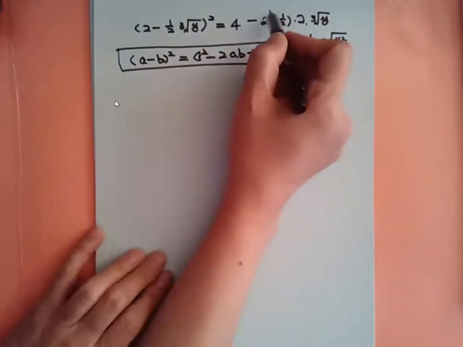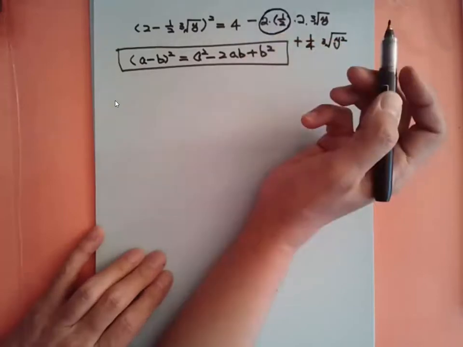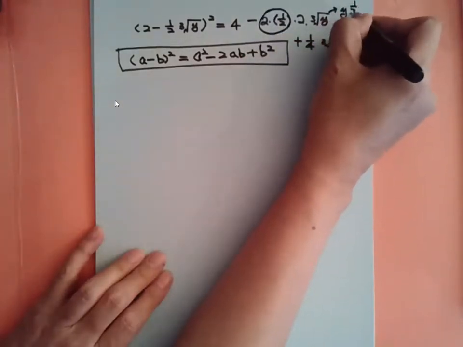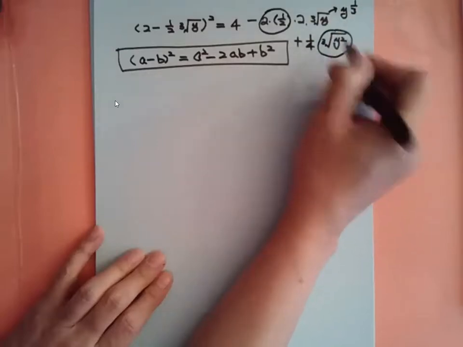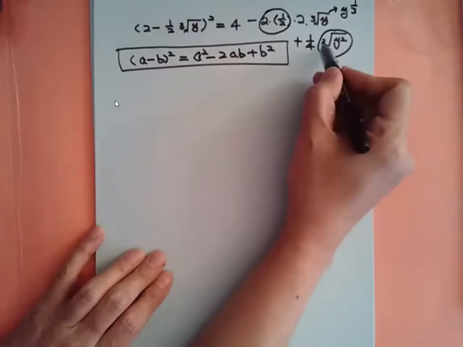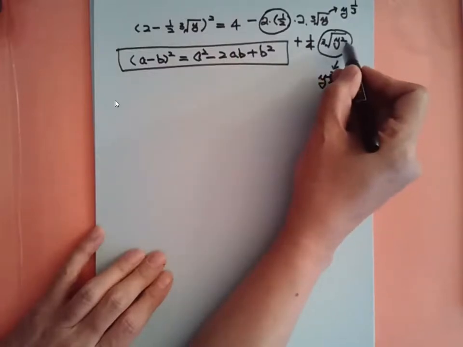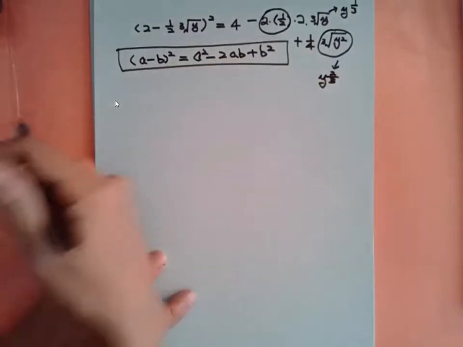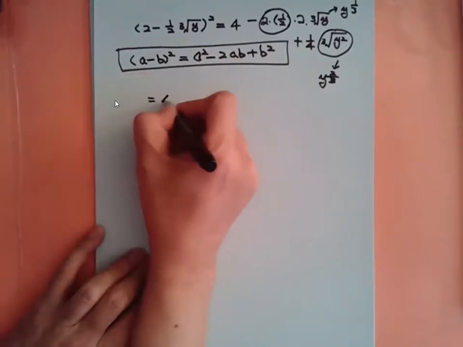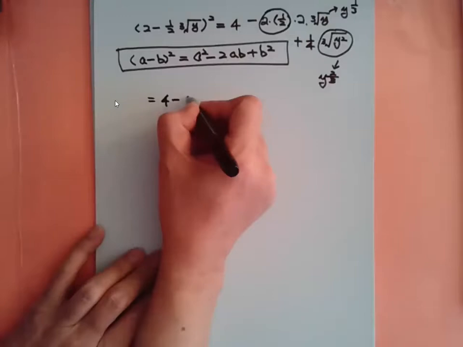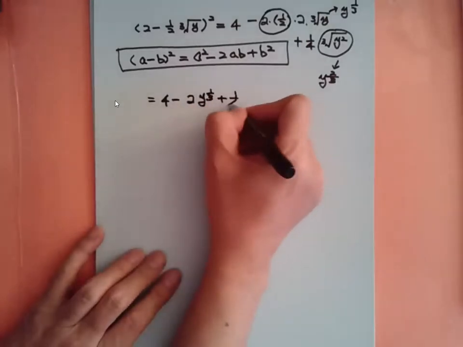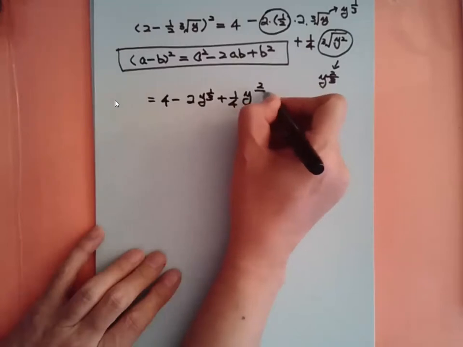When we simplify, this will cancel. This can be written as y to the 1/3 power, and this can be written as y to the 2/3 power. The 3 is in the denominator of the power, and the 2 is in the numerator. So that becomes 4 minus 2 times y to the 1/3 power plus 1 over 4 y to the 2/3 power.